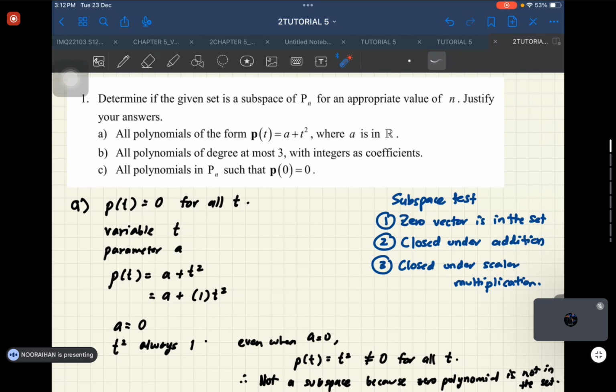So in this case, if you substitute a equal to 0, you get a t squared, which is still not equal to 0. You should substitute a equal to 0 because t squared is always there.